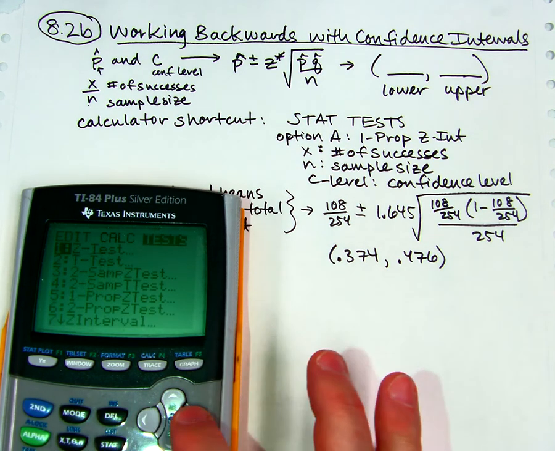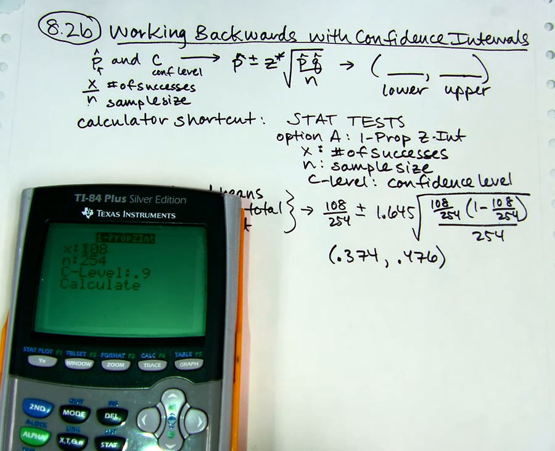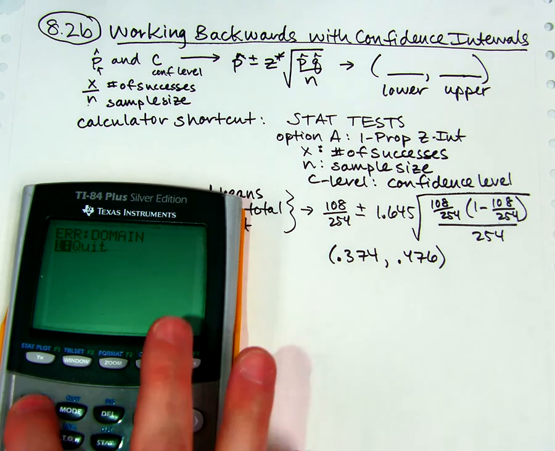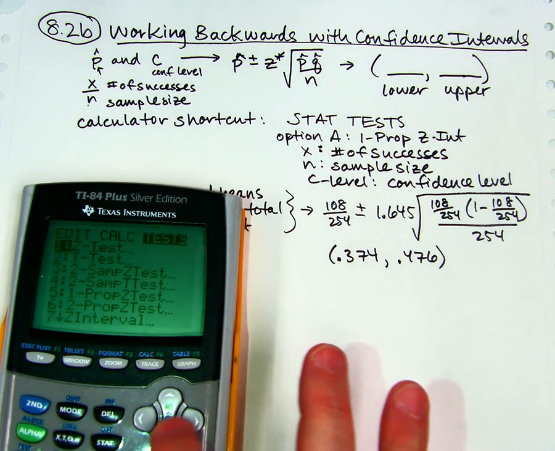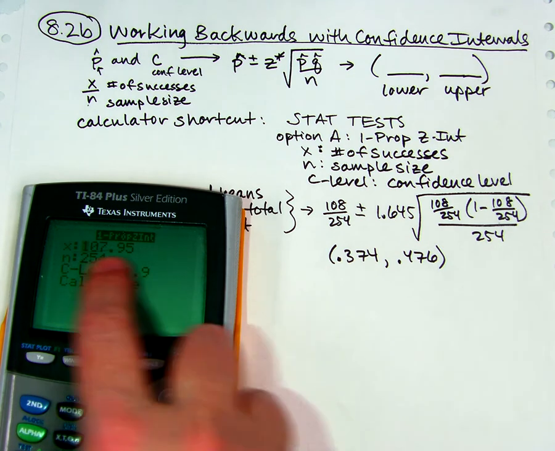If you go into this calculator shortcut, which is really amazing, but if you accidentally did 0.425 times 254, and you got this decimal, it will give you an error. It can't handle this being a decimal. So look at that. It knows that it's supposed to be a whole number. So then you just have to go back in and make it into a whole number. In fact, you could type the whole thing here like I just did.